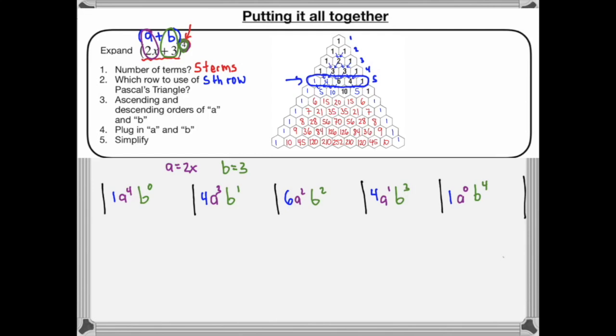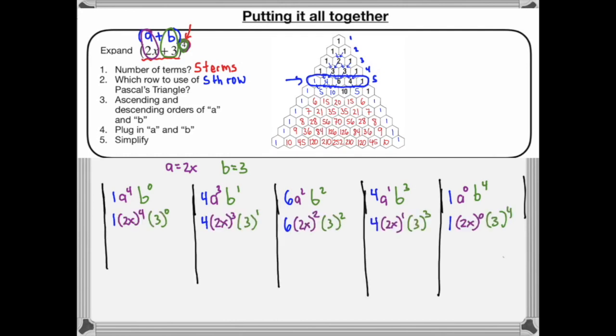And so what we want to do is turn all these A's and B's into the 2x for A and the 3 for B. So let me go ahead and do that. Okay, so you can see that I've just extended the black lines down, and then I just dropped in. If you look straight down each one of these, the A's turn into the 2x's, okay?